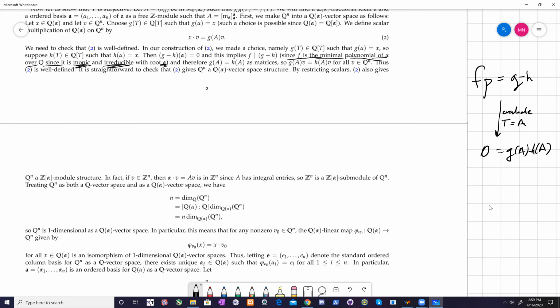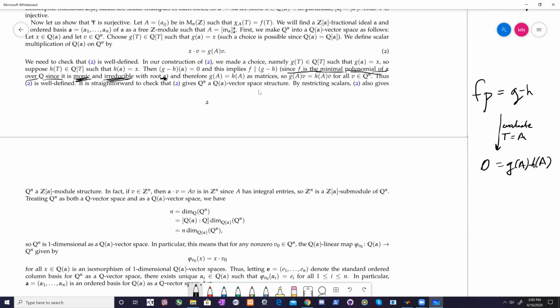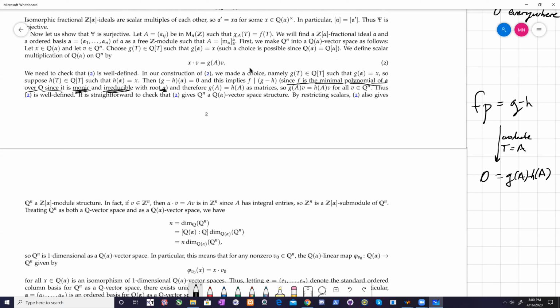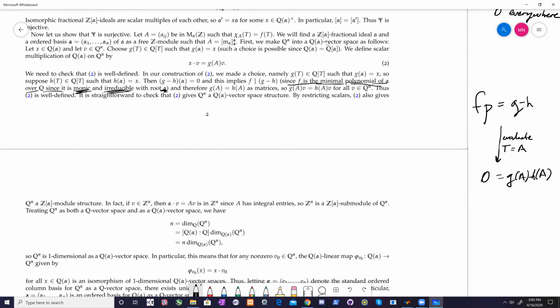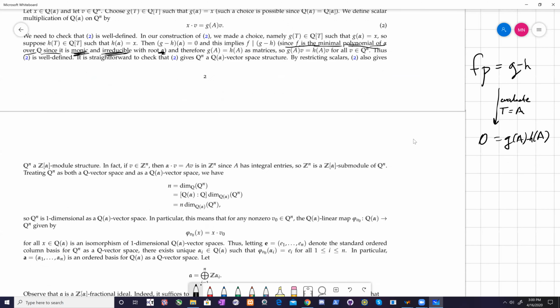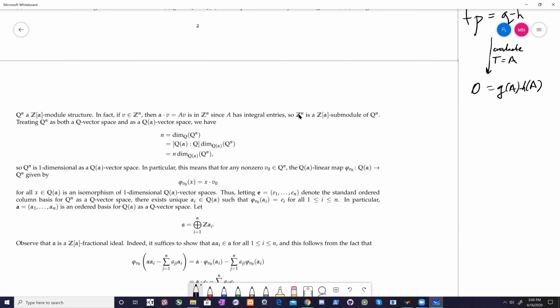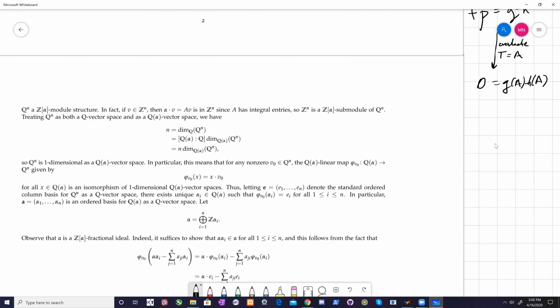So we started with Q^n being a Q(alpha) vector space. Then we restrict scalars to get Q^n be a Z[alpha] module. And then we showed here that we can restrict Q^n to Z^n, and we still get a Z[alpha] submodule of Q^n.